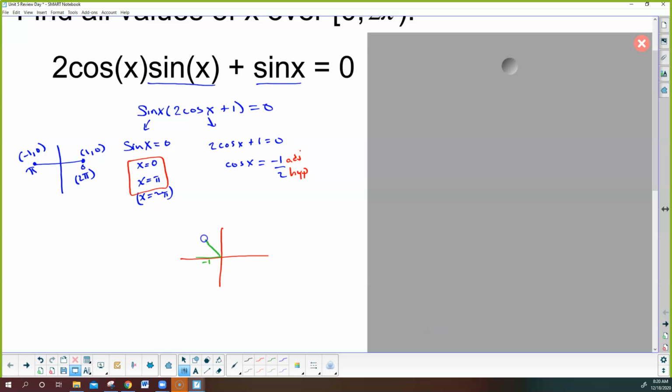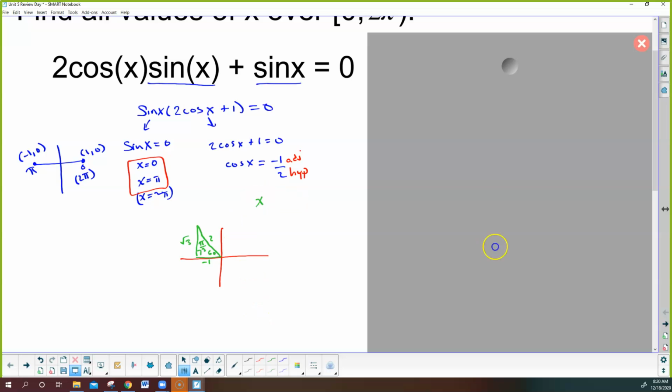And then my hypotenuse is 2, and that forms a special kind of right triangle right here. This has to be a square root 3, and it's a 30, 60, 90 with the 60 degrees coming right across from the square root of 3. So this reference angle is 60 degrees, which is the same as pi over 3.